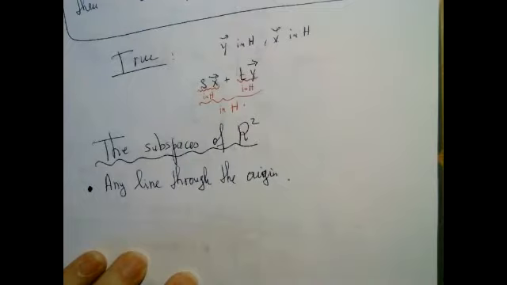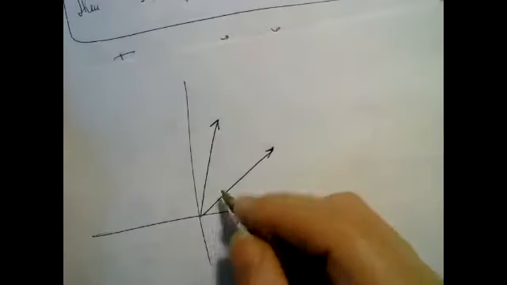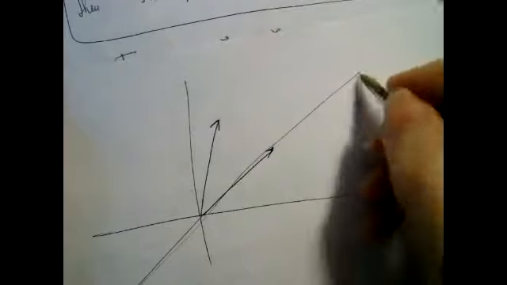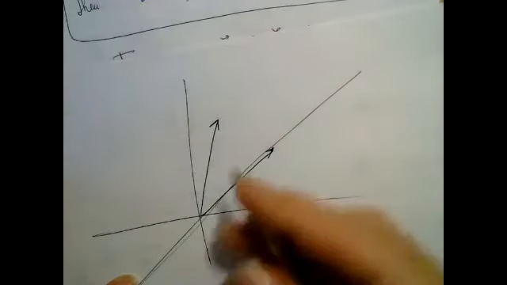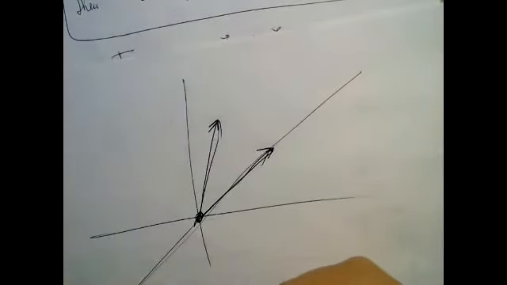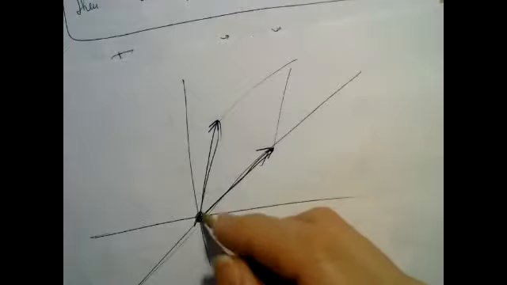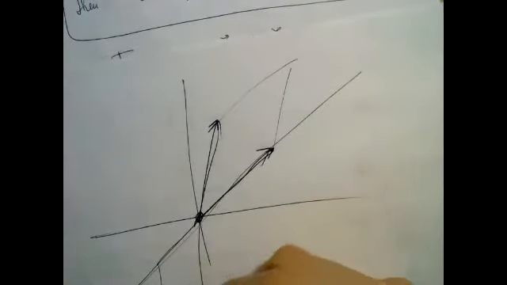Now, watch carefully. Every time we have a subspace H, that's how it works. Suppose H is not a line. If H is a line, I'm done. Every time you have two vectors in H, you will have every linear combination of those two vectors. That's a subspace.